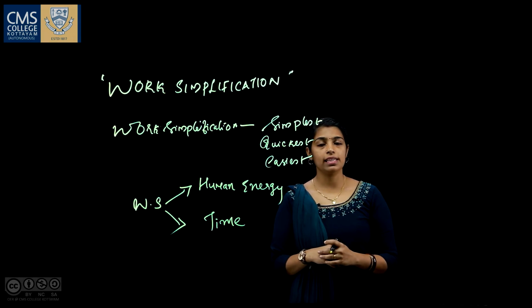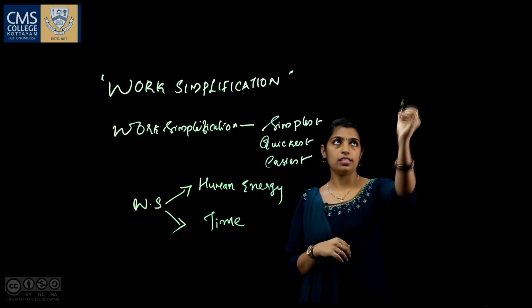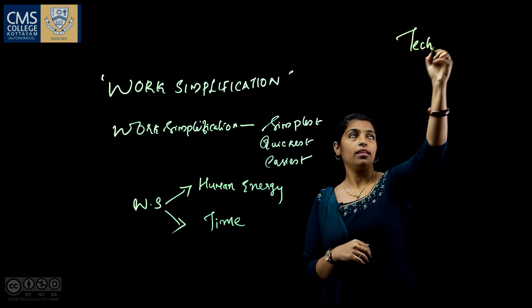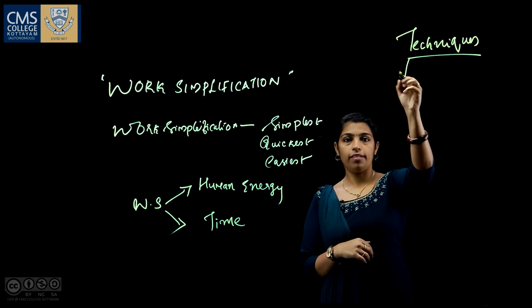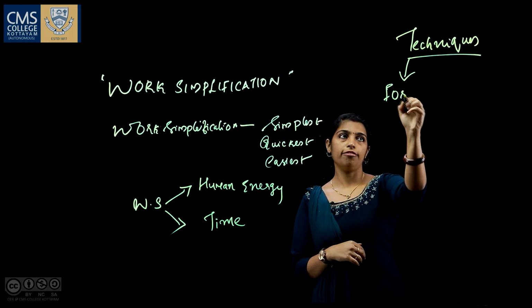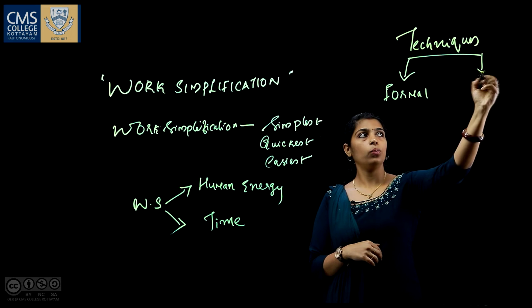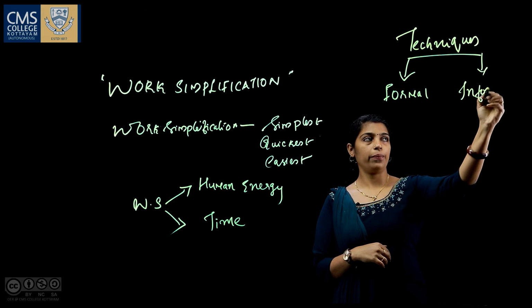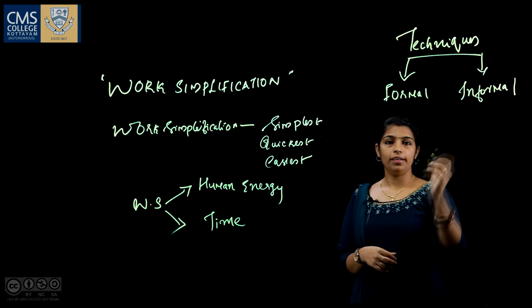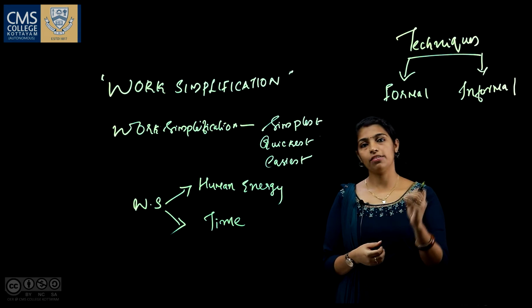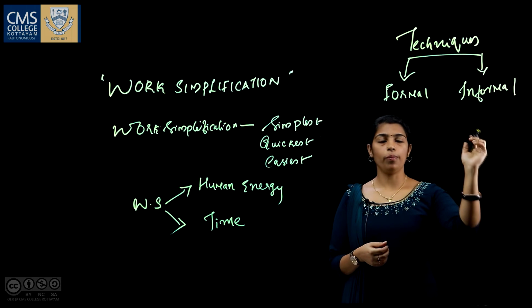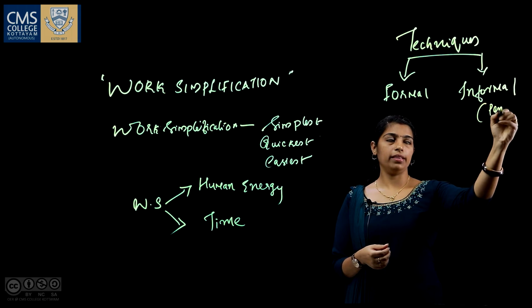Now, we will see what are the different techniques of work simplification. The techniques of work simplification can be classified into two. One is the formal technique and the other one is the informal technique. Formal method means to identify the work simplification using specific equipments, whereas in informal only pen and paper method are used.